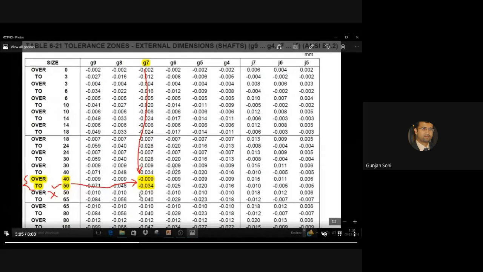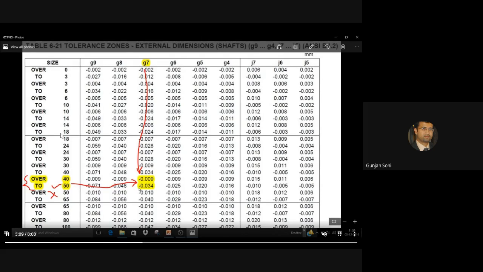So we can see, we get an idea that it looks like a clearance fit also, because for G7, the fundamental deviation corresponding to G7 is negative. So you can see for all G's, G9, G8, G7, all these are mostly negative.